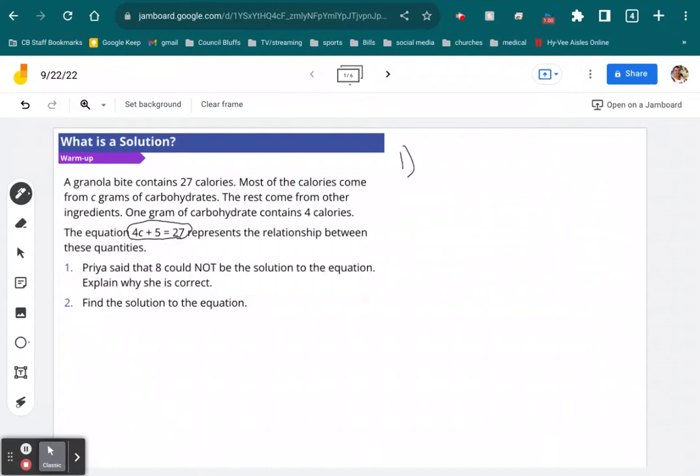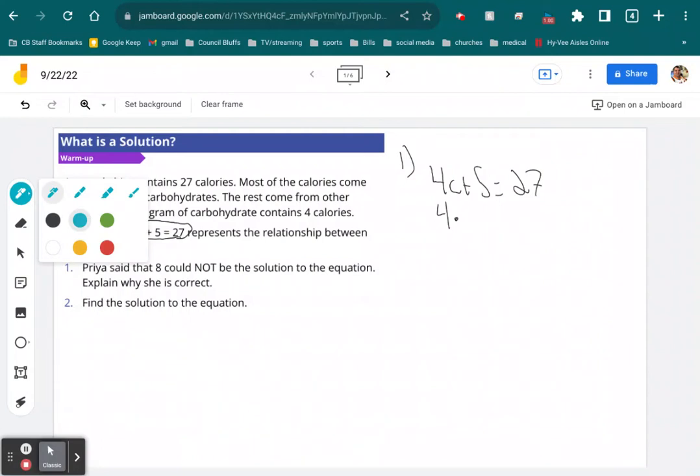So if we want to find out if 8 is a solution to the equation or not, we're going to take the 4C plus 5 equals 27, and I'm going to plug in 8 for C. So that's going to be 4 times 8 plus 5.